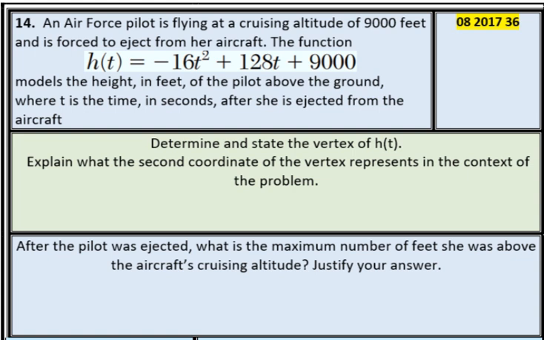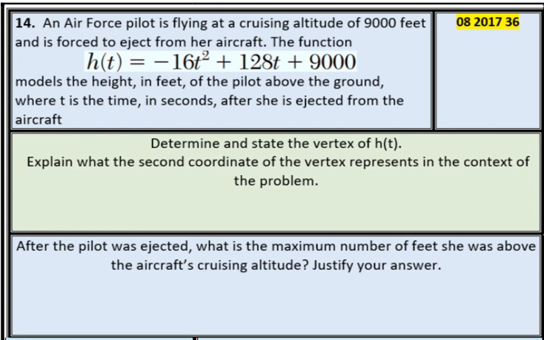The function h of t equals negative 16t squared plus 128t plus 9,000 models the height in feet of the pilot above the ground, where time is t in seconds after she ejected from the aircraft. Determine and state the vertex of h of t. Explain what the second coordinate of the vertex represents in context of the problem.